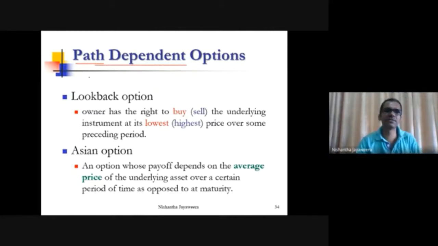So the first one is the look back option. Say it's a 3-month option. After 3 months, now you look back. What happens from time 0 to time 3 months? What happens to the price?